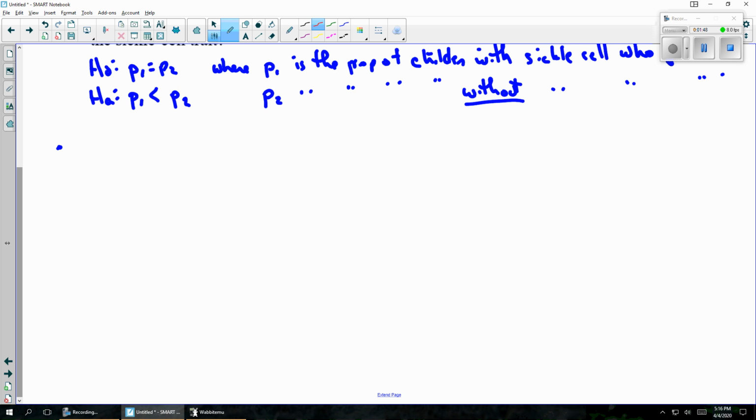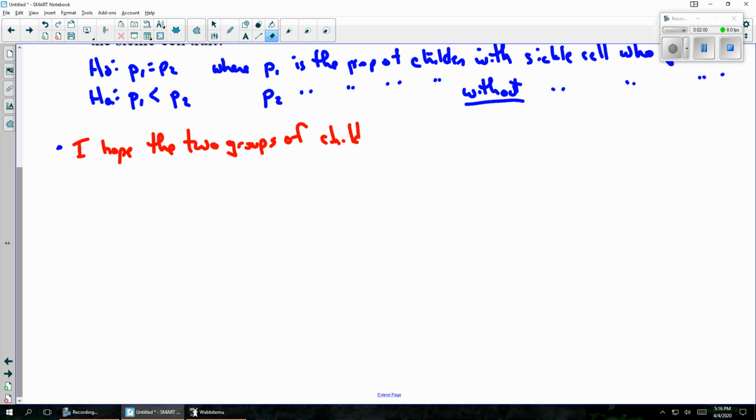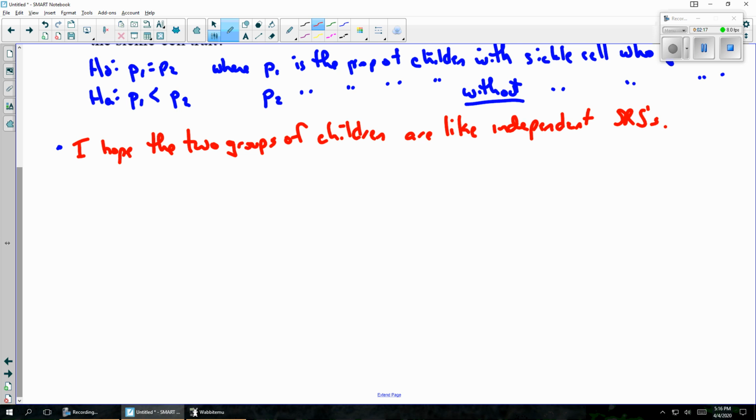It doesn't really say how they were selected, so I hope the two groups of children are like independent SRSs. Hopefully that's the case.